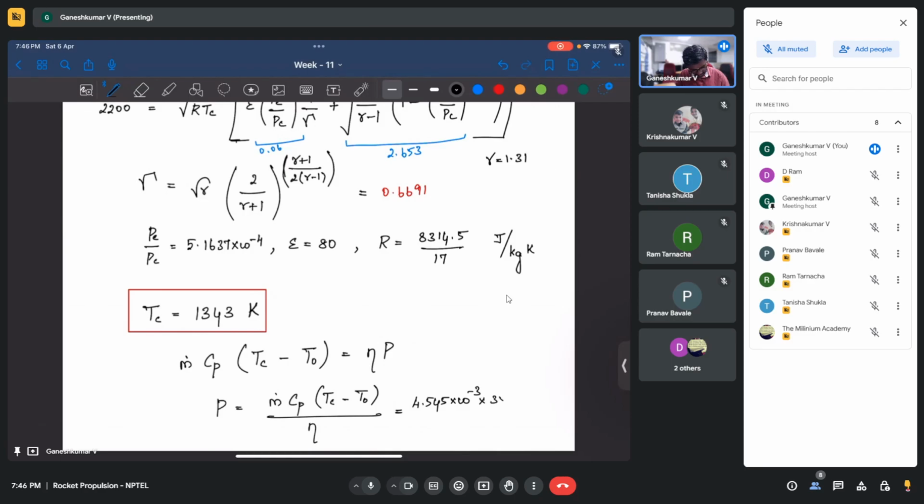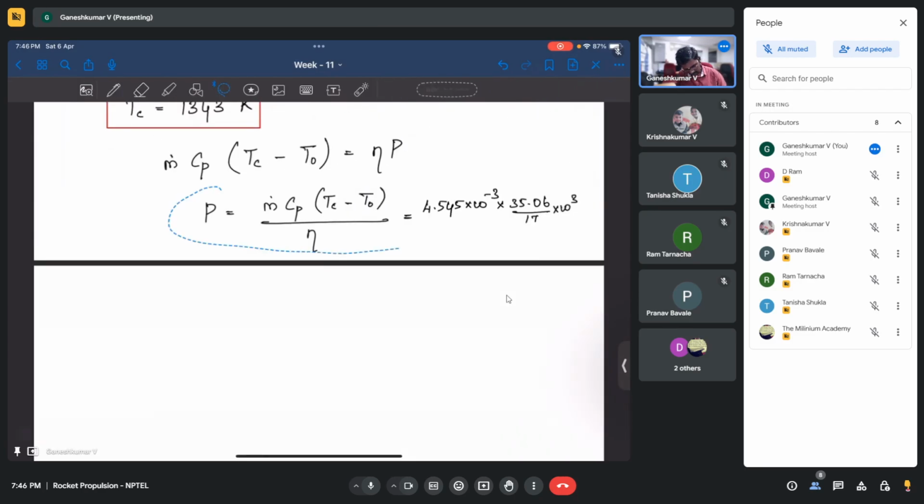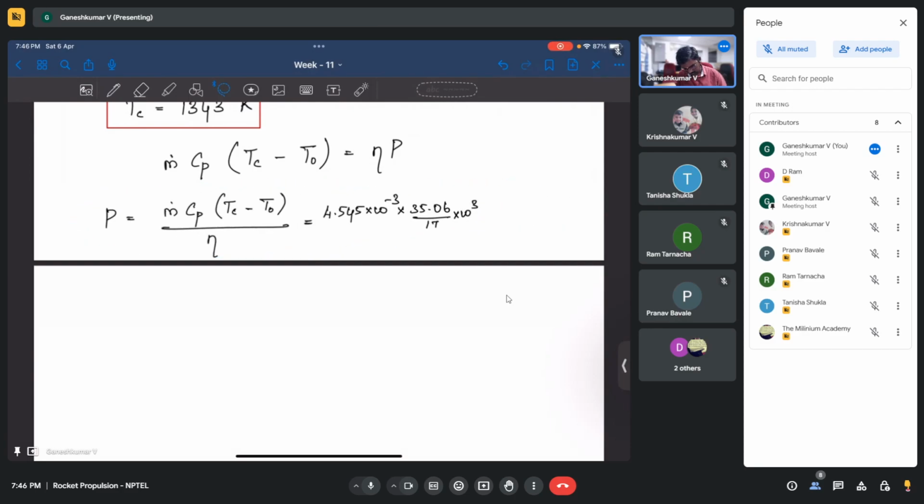Cp is 35.06, but it is in moles. It should be on a per mass basis, so divided by 17 into 10 power minus 3. Then you multiply it with 1343 minus 300 Kelvin divided by 0.75.